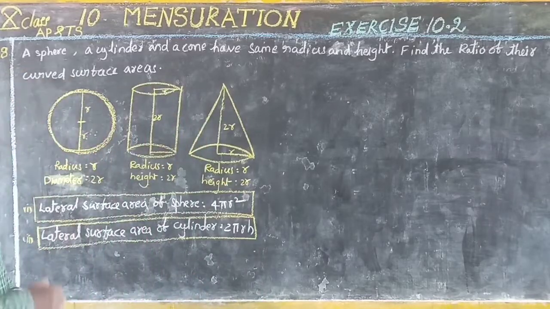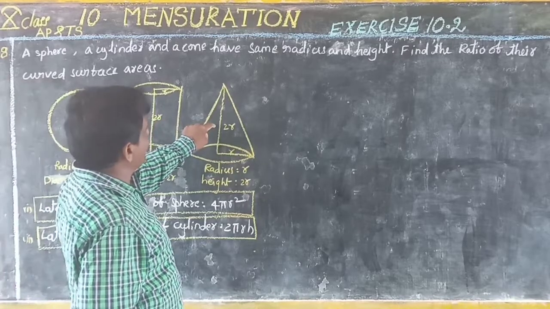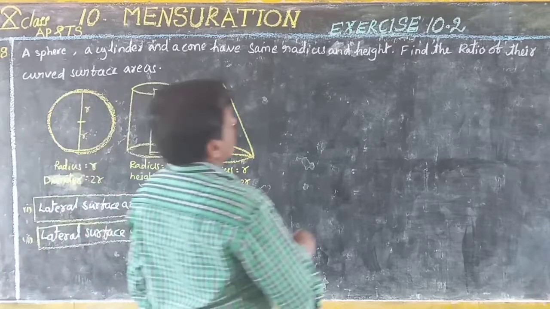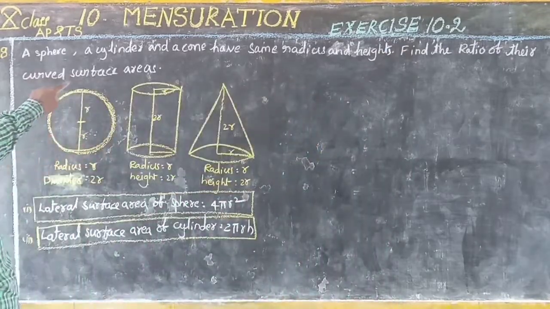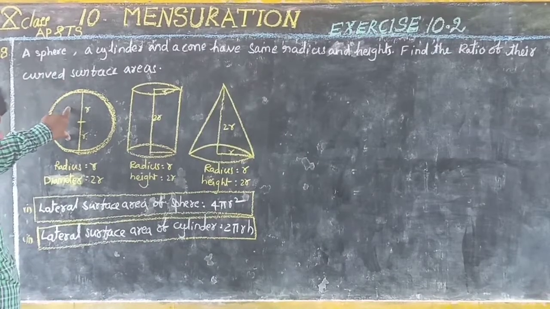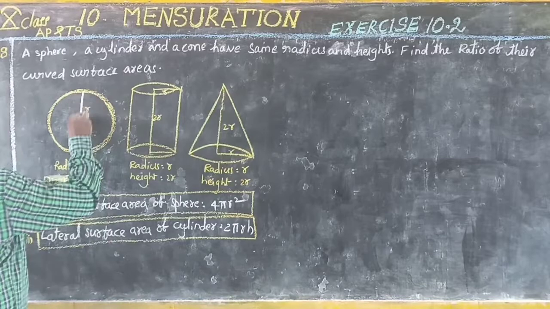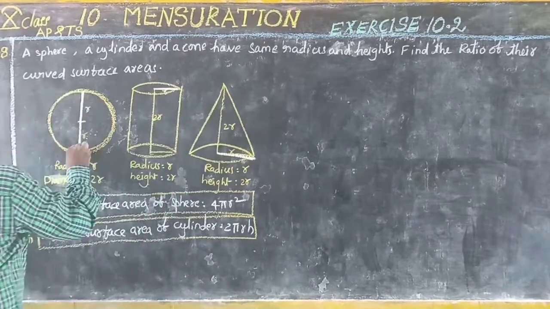Take some. A sphere, a cylinder, and a cone have the same radius and height. Find the ratio of their curved surface areas. Sphere, cylinder, cone, same radius, same height.